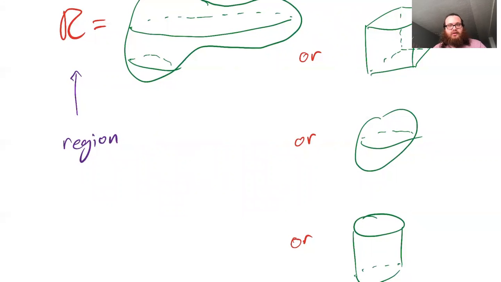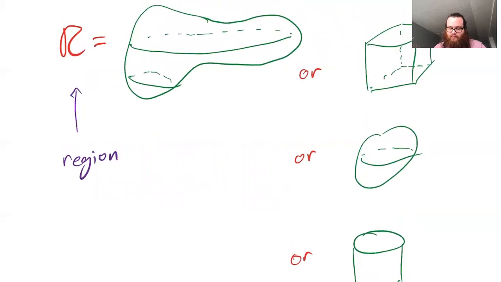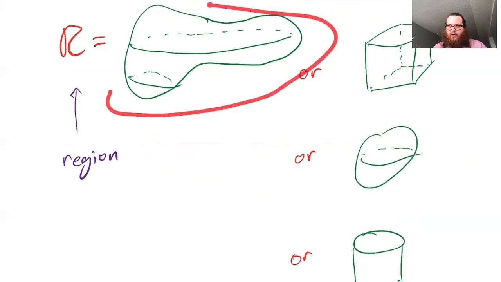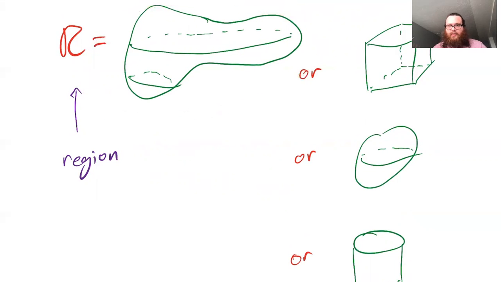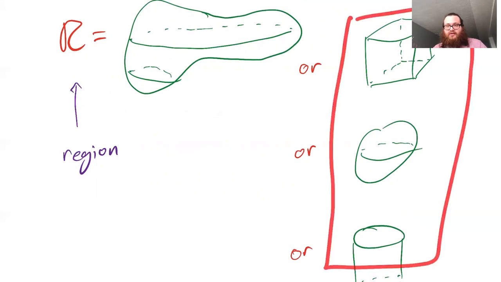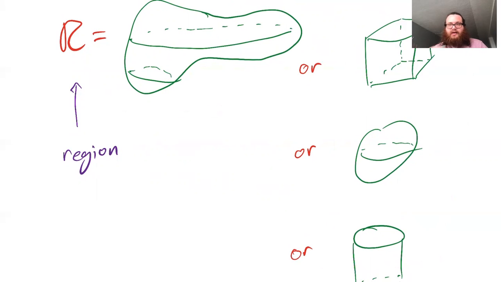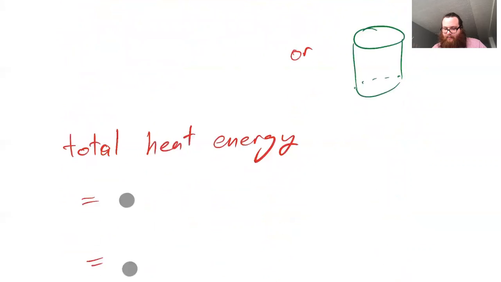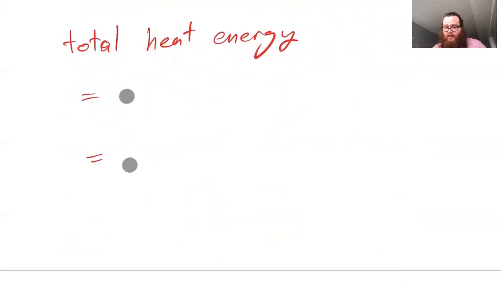Generally, when we talk about these kinds of problems, in our minds, we might think of R as just some blob. In practice, when we actually go to compute things, R will be one of these, or something that we can actually write down in a nice way. But anyways, okay. So let's start writing down what these terms are.